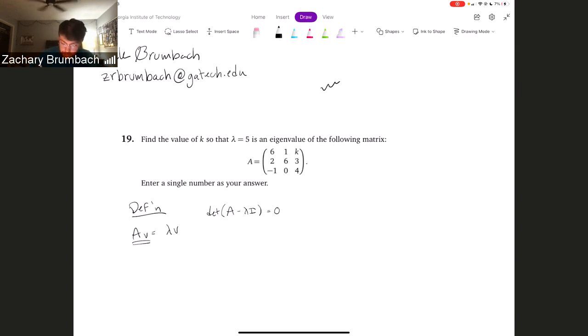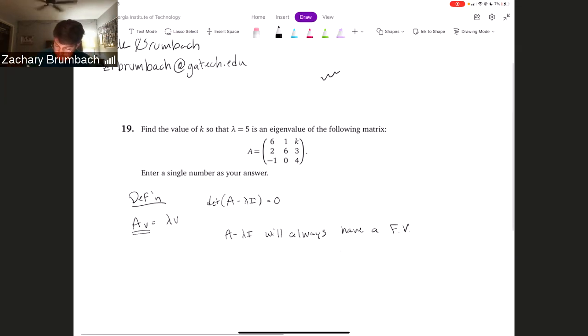And what that means is A minus lambda I will always have a free variable. Having a free variable, just as a little bit of a reminder, is the same thing as having the dimension of the null space of the thing we're talking about being bigger than 0.